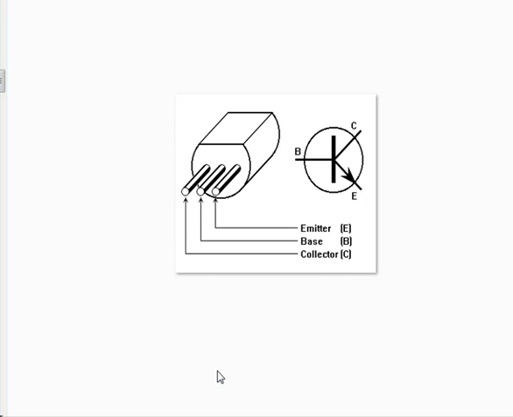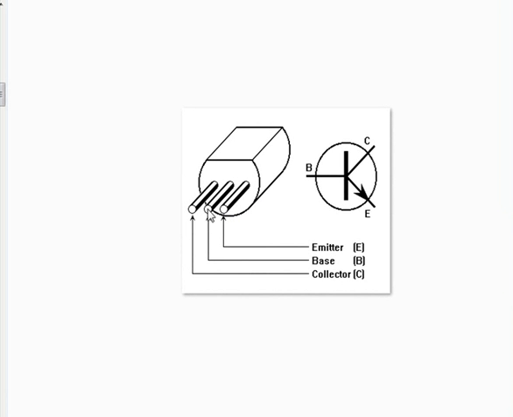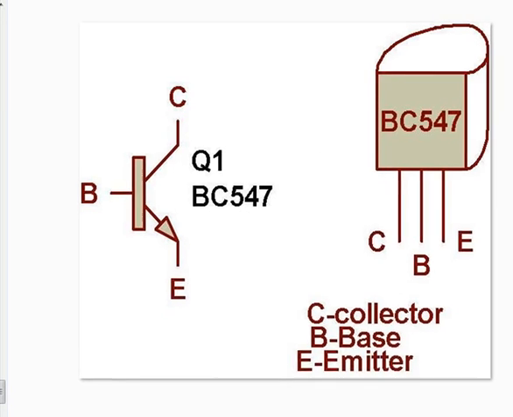And how to identify the leads of a transistor is this way. There is a flat surface, and if you hold the flat surface up, then this side is emitter, this side is base, this side is collector. This is how you identify the emitter, base and collector of a transistor.